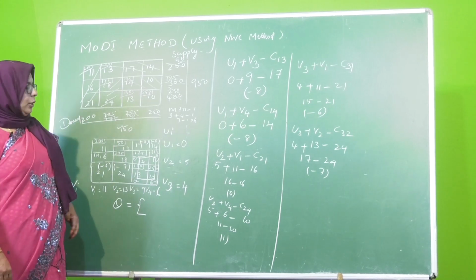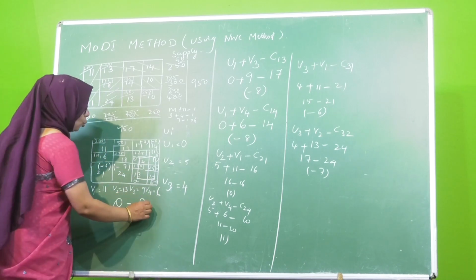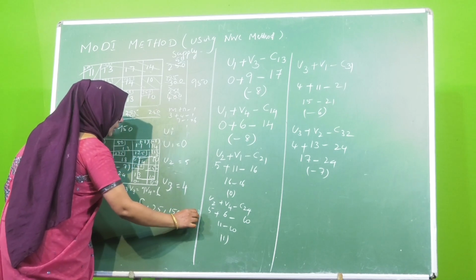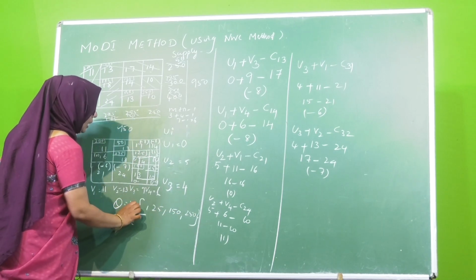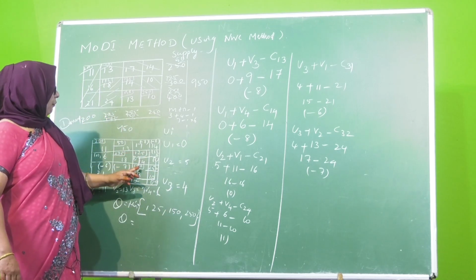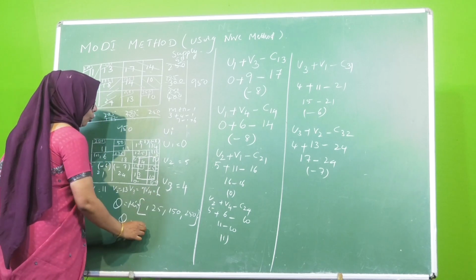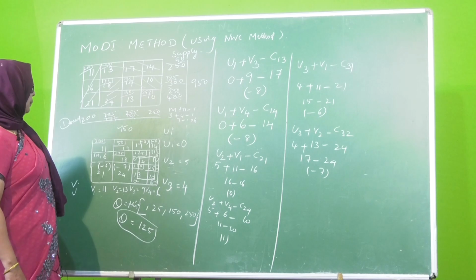Theta is the minimum among these three original allocations in the loop, that is 125, 150, 250. Which one is the minimum element? 125 is the minimum element.